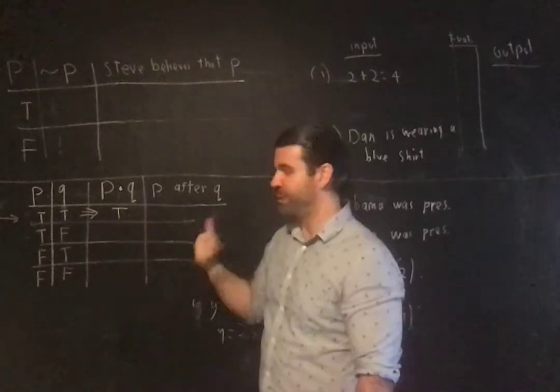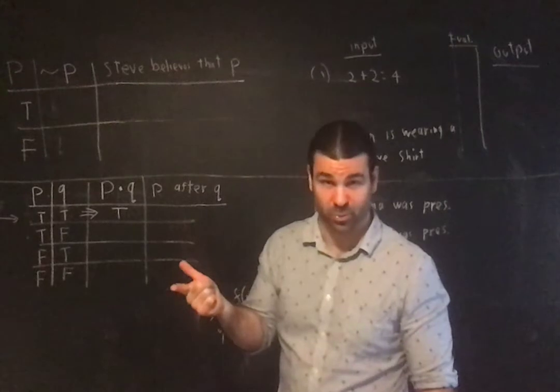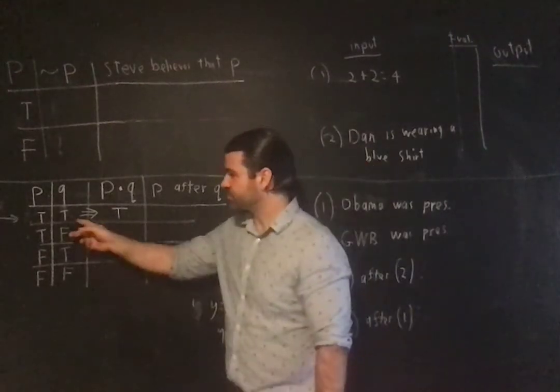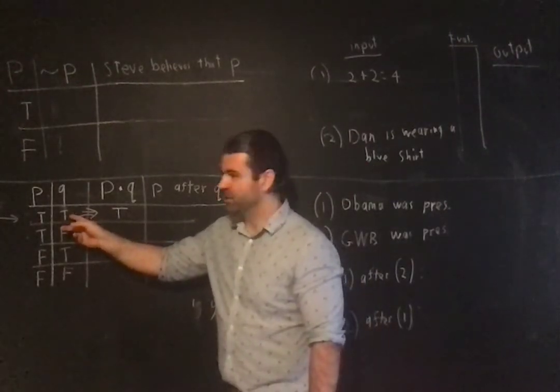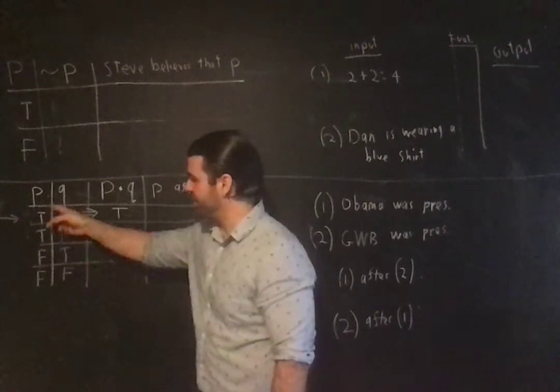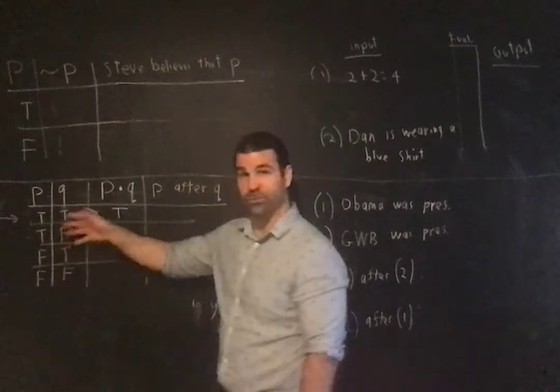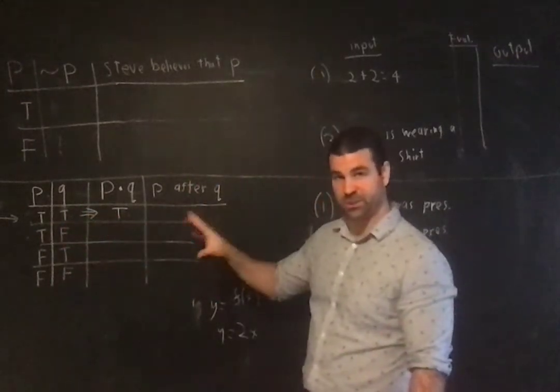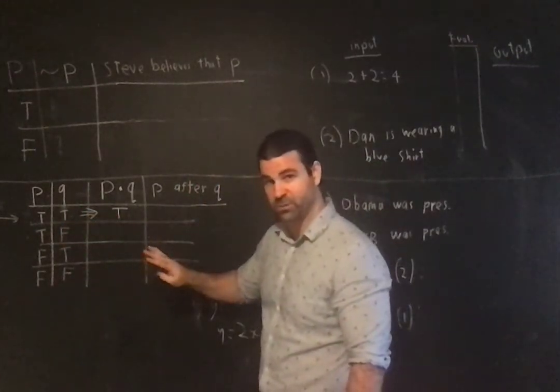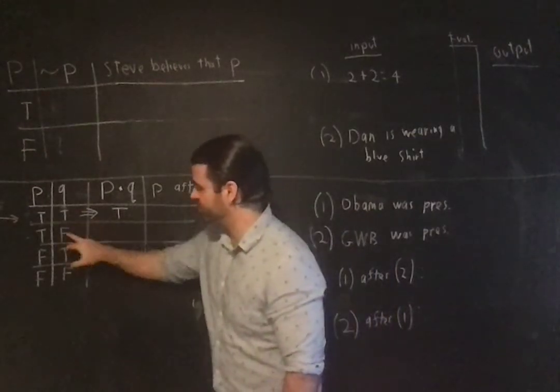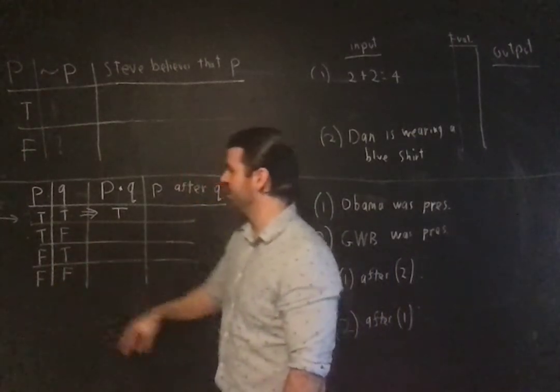P can be true or false, and Q can be true or false when P is true, and Q can be true or false when P is false. So these 4 rows list exhaustively all the possible combinations: true, true; true, false; false, true; false, false.